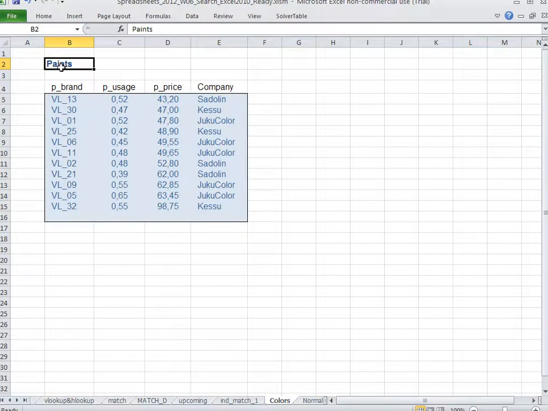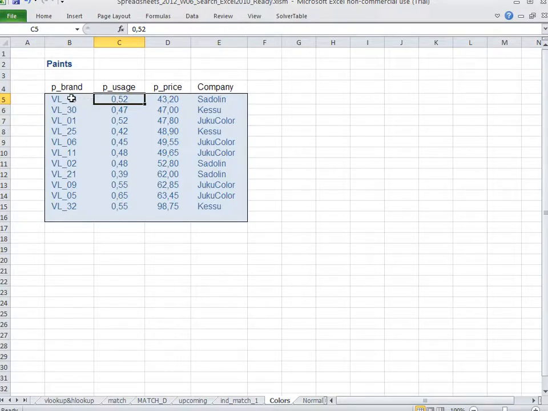So for each paint we have a brand name, and then those paints VL13, VL30 and so forth. In the second column for them we have the amount, how much they're used. So all the paints have different viscosities, and due to that it takes a different number of liters of that paint to paint over the floor of 1 square meter area.